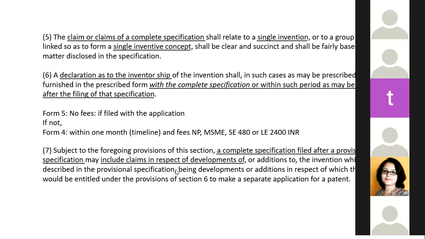Up to here it is clear that any complete specification will mention the scope of the provisional specification or its development from the provisional specification. Now, being developments or additions in respect of which the applicant will be entitled under the provision of section 6 to make a separate application for a patent.